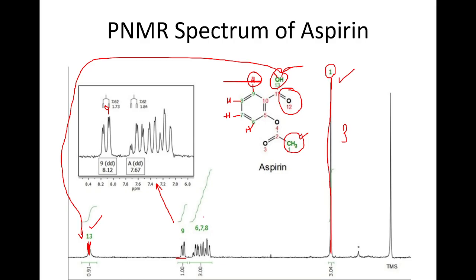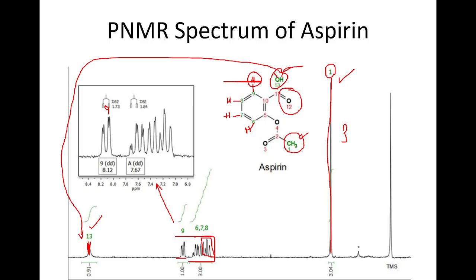What about 6, 7 and 8? 7 and 8 are a little bit far away from that oxygen and that oxygen. Therefore, we get them here. See, 7 and 8. And 6 is a little bit close to this oxygen, and that oxygen maybe, spatially. Therefore, this hydrogen will be a little bit more de-shielded than 7 and 8.